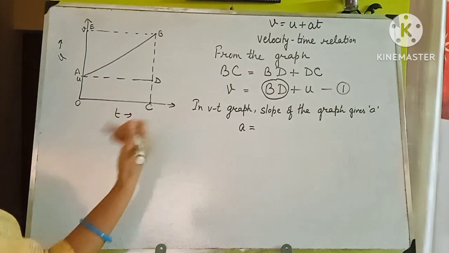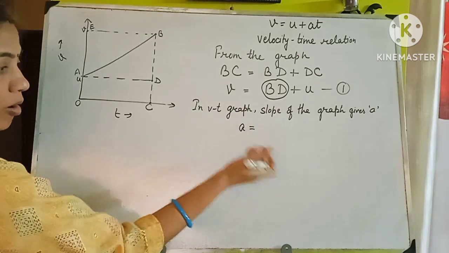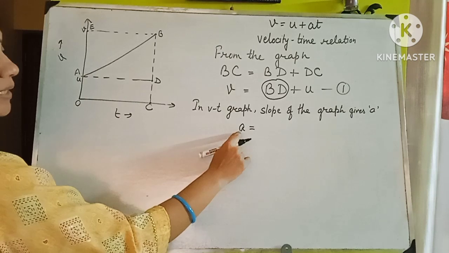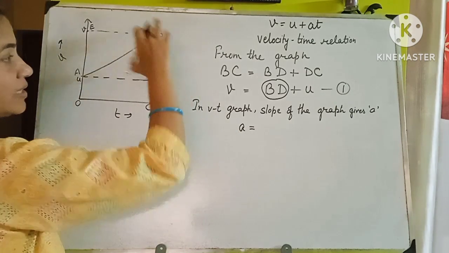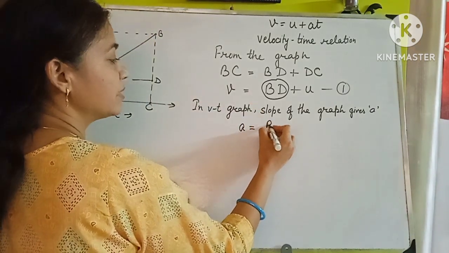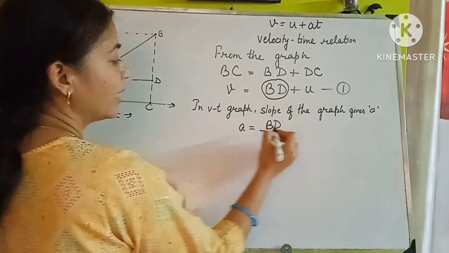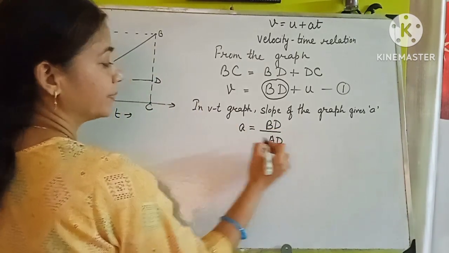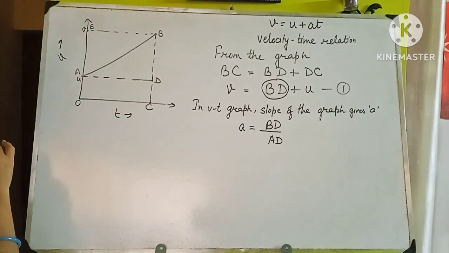So acceleration is equal to the vertical distance, which is BD, over the horizontal distance, which is AD in triangle ABD.